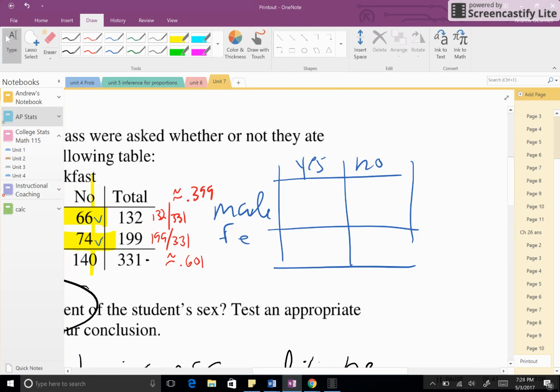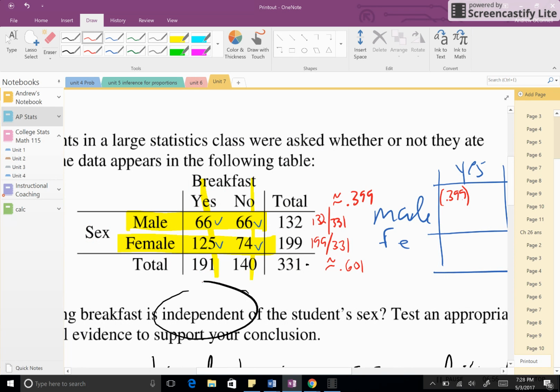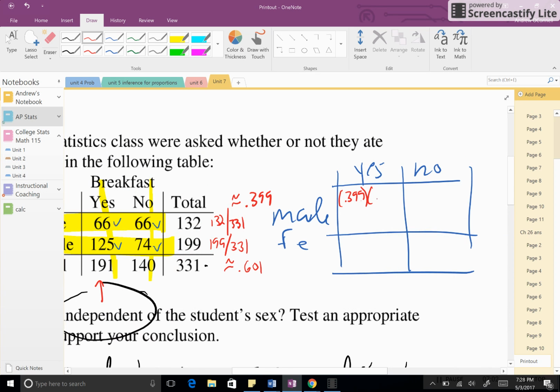So we're going to be looking at this proportionally. Since males only made up 39.9%, we're not expecting a 50-50 split between yes and no. We're expecting 39.9% of the total people who said they eat breakfast, which was 191.